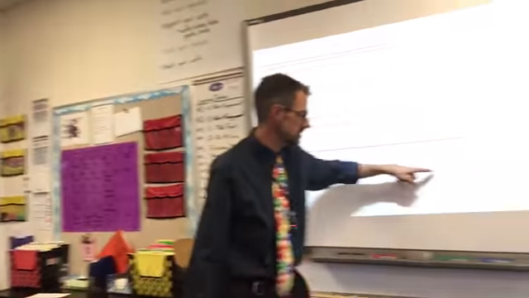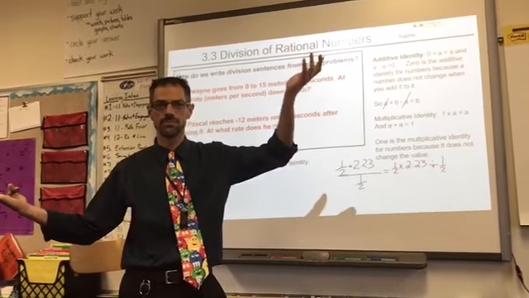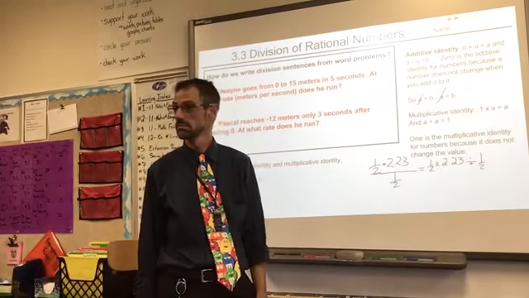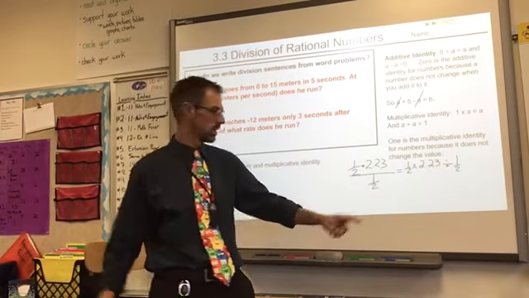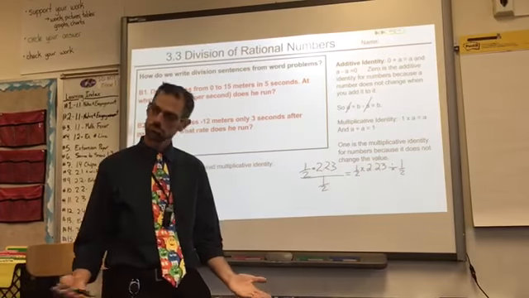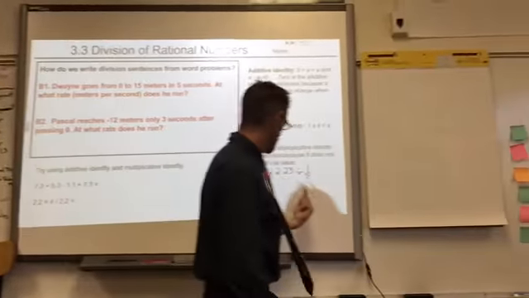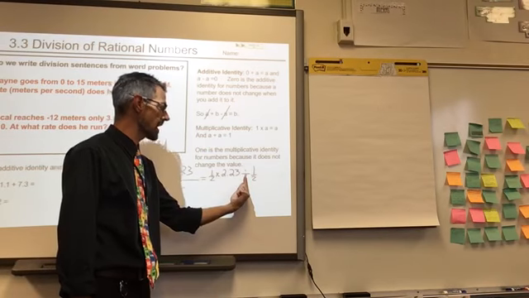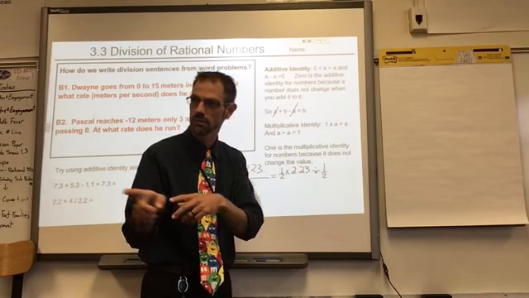All I did is I took this big fraction sign and I turned it into a dividing sign. So what looked really kind of like, whoa, when I write it like this, is a little bit easier. And now when I look at this, I see dividing a fraction. Talk to your partner about dividing a fraction. Go.